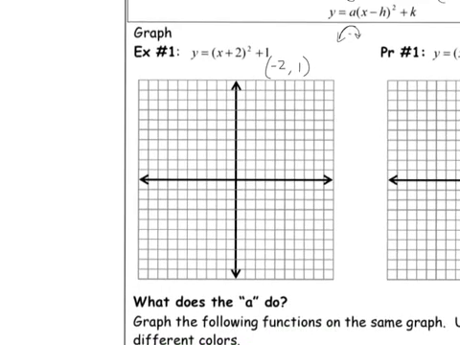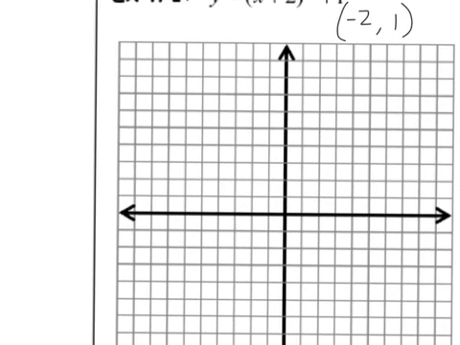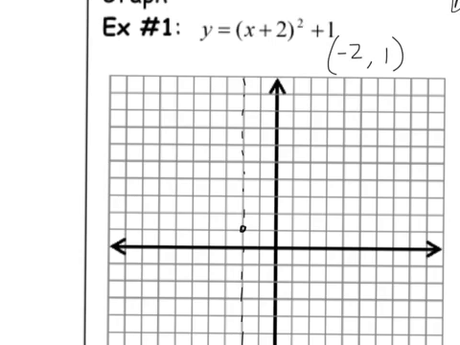So let's go to -2, 1. There's the vertex, which means that this is my axis of symmetry. And now this follows the same pattern that we've been doing because there's no a term here. There's nothing in front of the x squared. So this is just a normal x squared pattern, which means as we go over 1, we go up 1, because 1 squared.